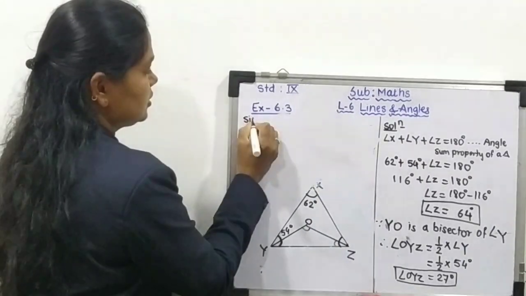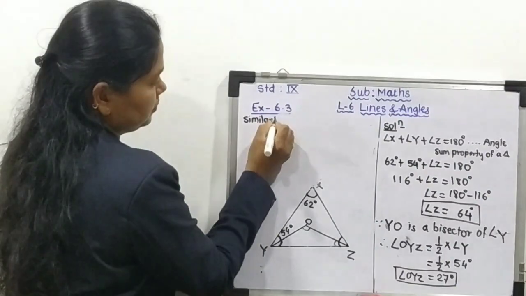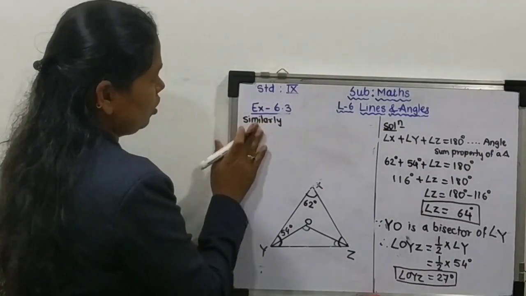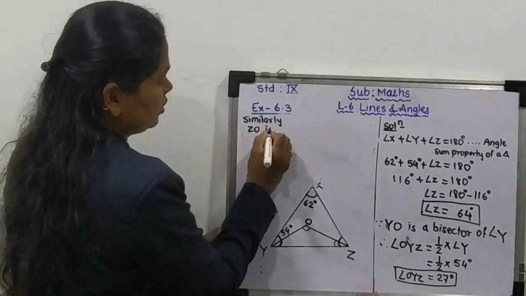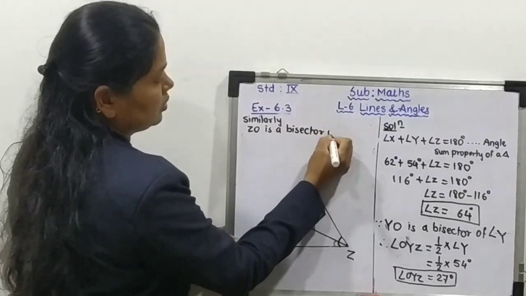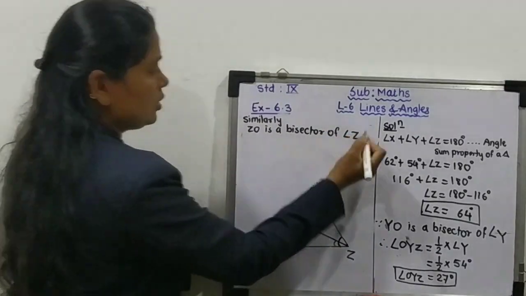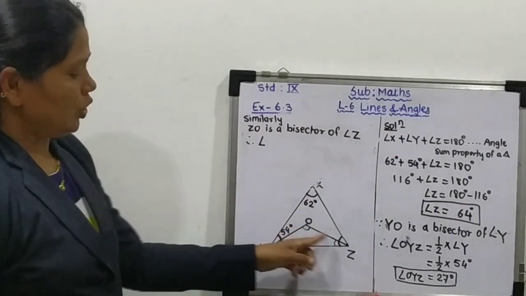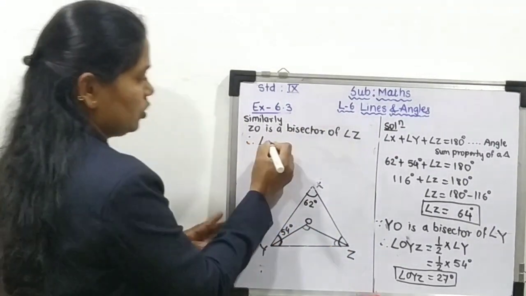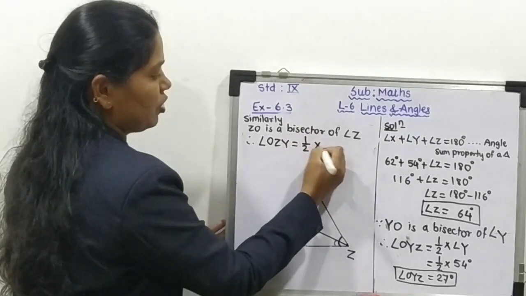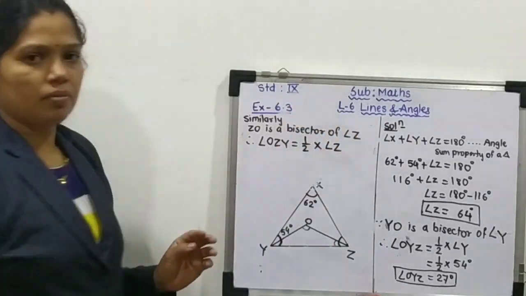Now we will find out similarly angle OZY. Right here. Similarly, ZO is a bisector of angle Z. Therefore, angle, छोटे angle का measurement OZY is equals to half of angle Z. आधा होगा ना?